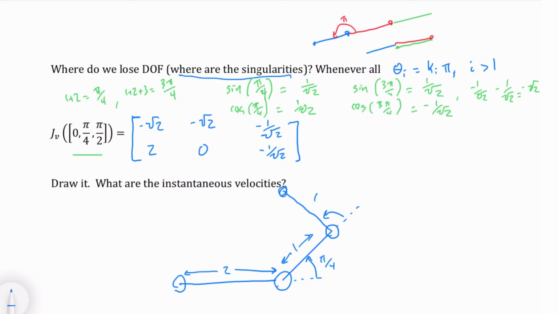And so if you think about it, what are the instantaneous velocities that I can make? If I rotate my first degree of freedom, then that's going to make this move in an arc. So instantaneously, I can move it in this direction.